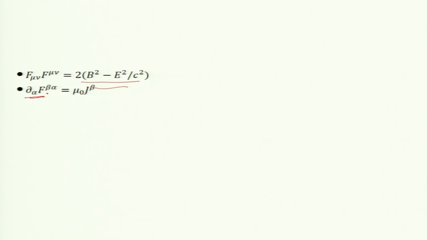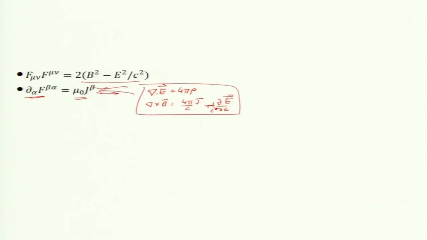Take the derivative of the F tensor and I get mu naught J. This covers two Maxwell equations: del dot E is 4 pi rho, and curl of B is 4 pi J by C plus or minus 1 by C squared dE by dt. I hope my sign is right. These two equations that we write are covered here.